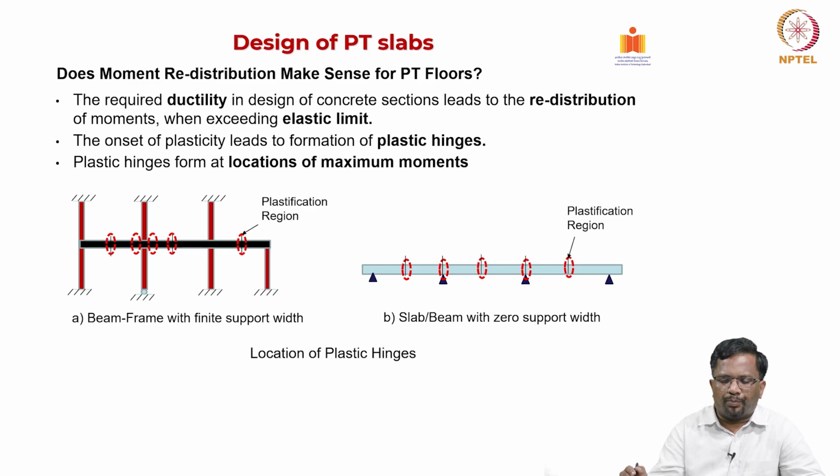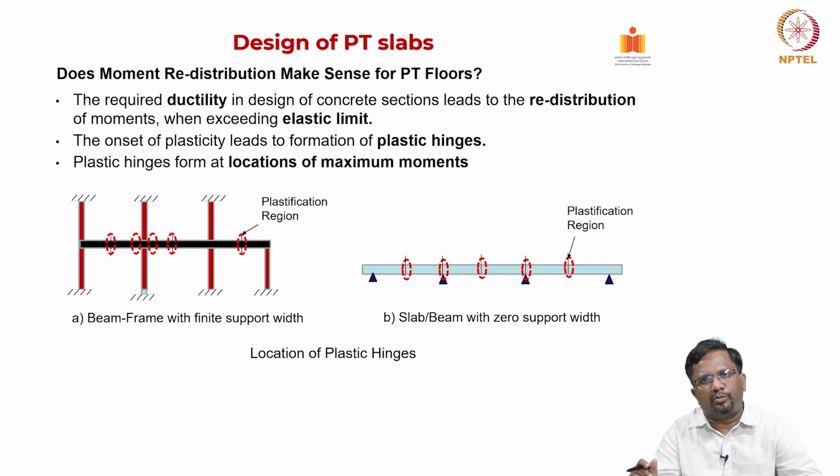Okay. Now, in a typical RC system, to come up with an economic design, we allow some moment redistribution, because the code asks you to design only an under reinforced section. An under reinforced section will undergo a lot of rotation before it can fail. So, it has a lot of curvature ductility.